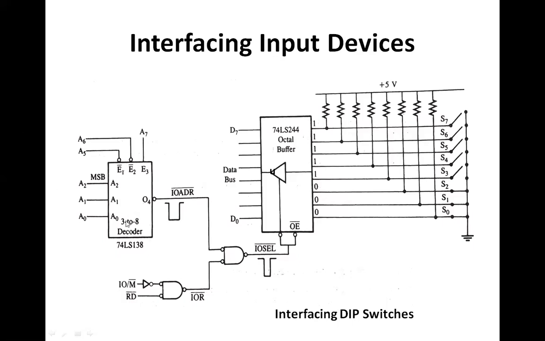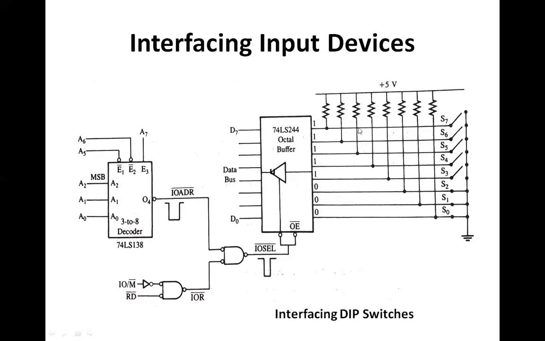Here you can see in this 3 to 8 decoder, the O4 output line of the decoder is going to generate the input output address, and the input output memory and the read signal in combination are going to generate the input output write low signal. Only when both the signals are low will this input output select pulse be generated, which is low, and this select pulse is going to enable the output, that is output enable, as well as the buffer.